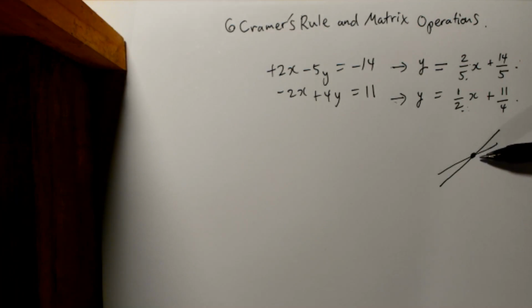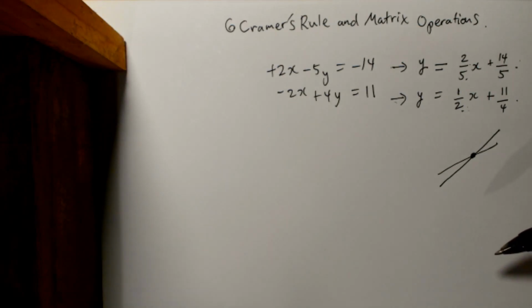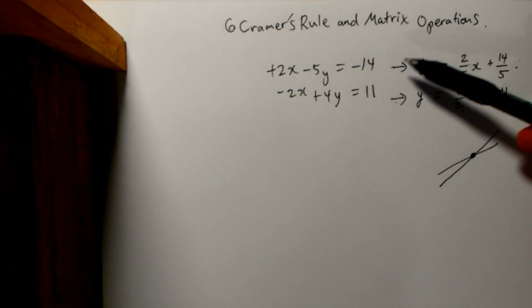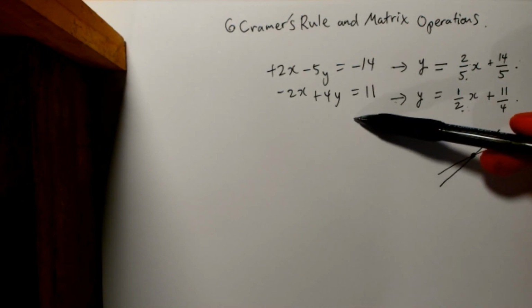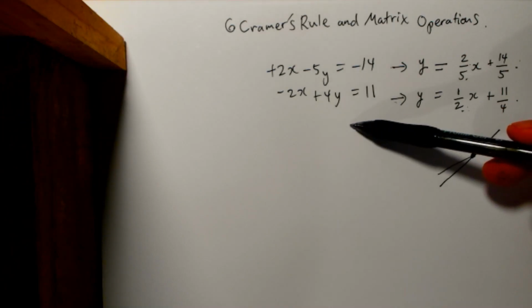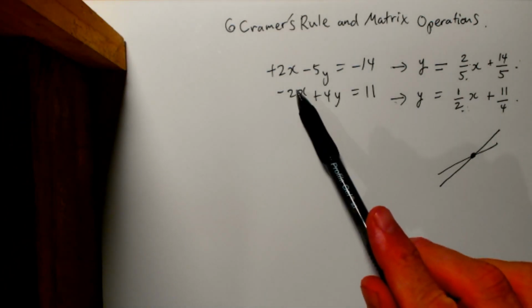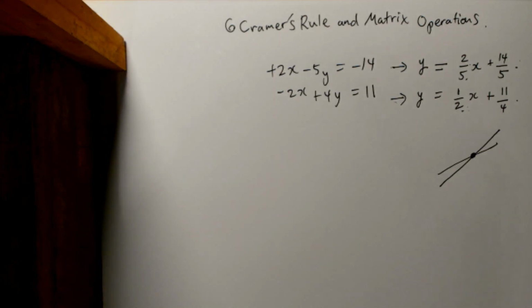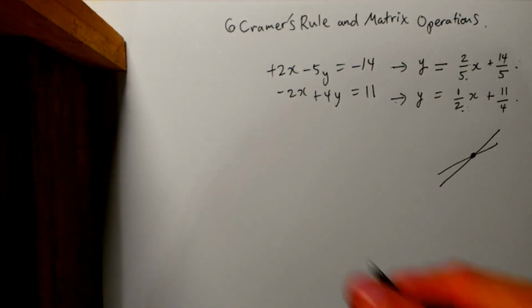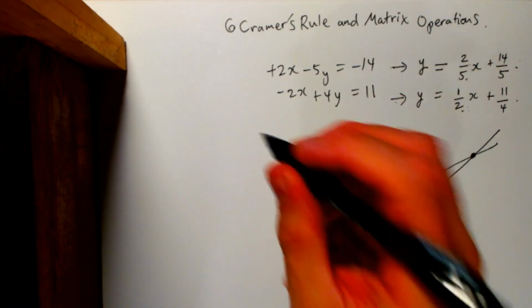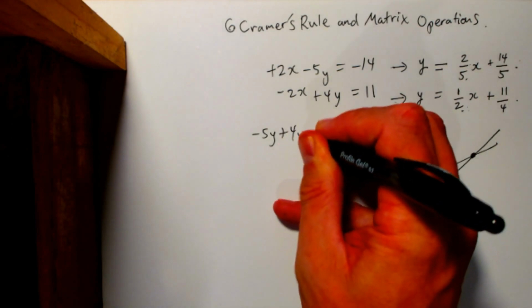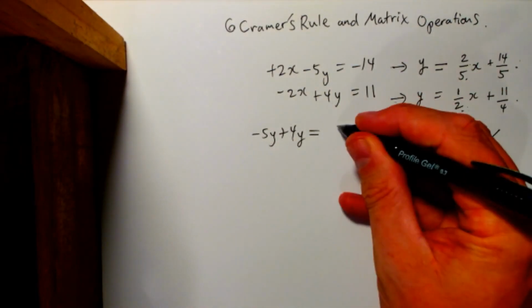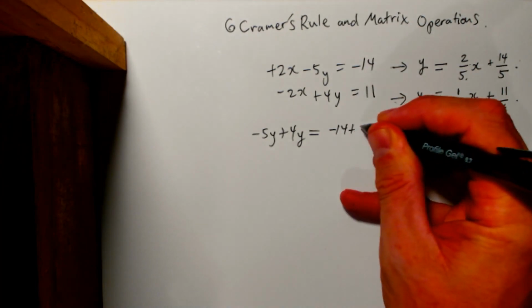There's a saying that goes, think geometrically and prove algebraically. It's a very useful one. Now one way to solve this system right here would be to add the two equations. So if I add the two equations, then the x's will vanish and I'll have an equation with only y in it. So we would get minus 5y plus 4y is equal to minus 14 plus 11.